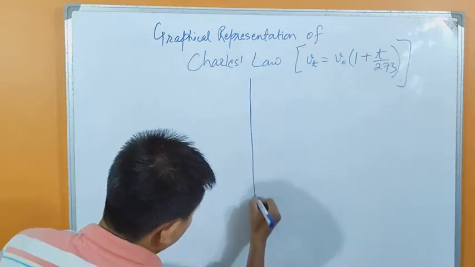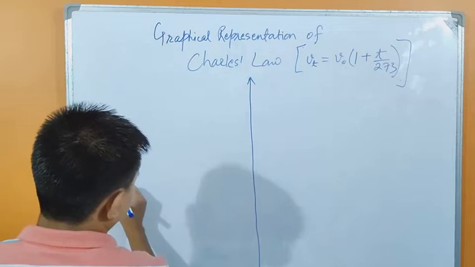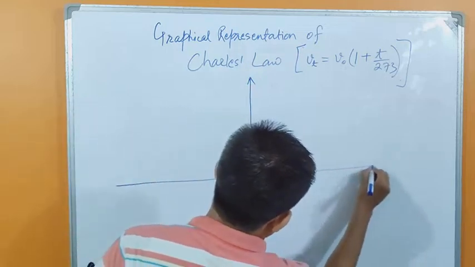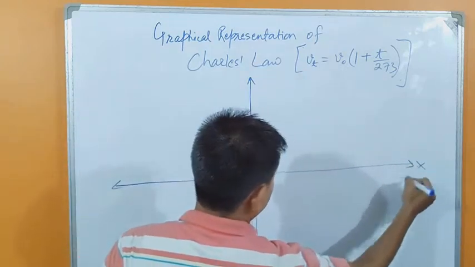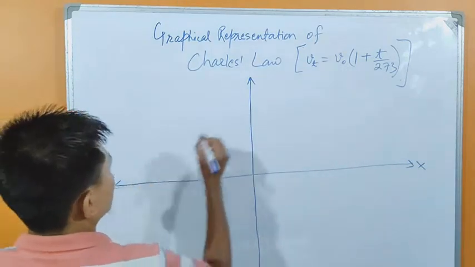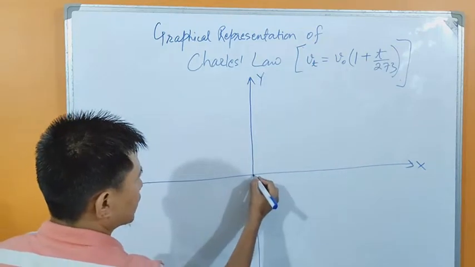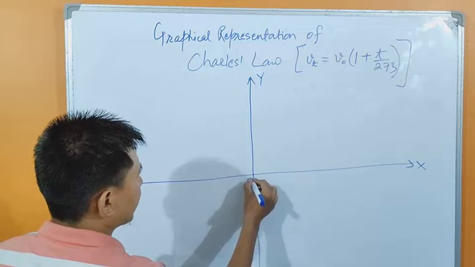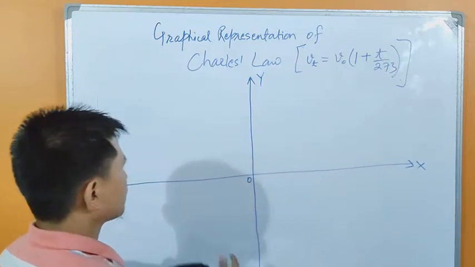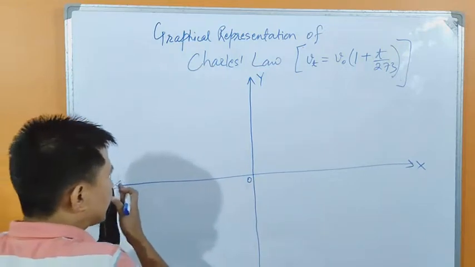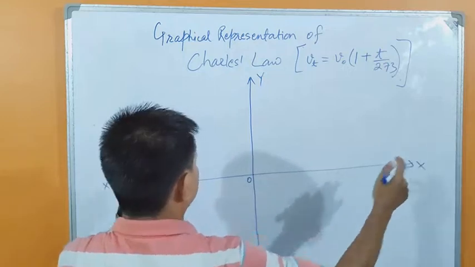This is the y-axis, and this is the x-axis. X dash, y dash, and this is the point of intersection. Here the values of x and y are both 0. As you know, when we move from left to right, the values increase on the x-axis.